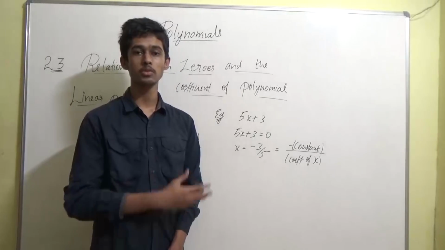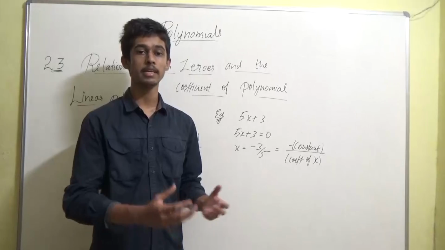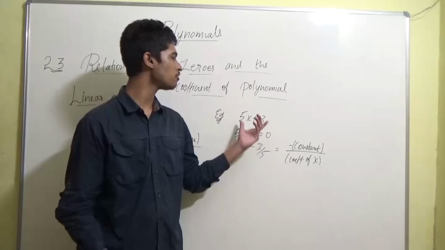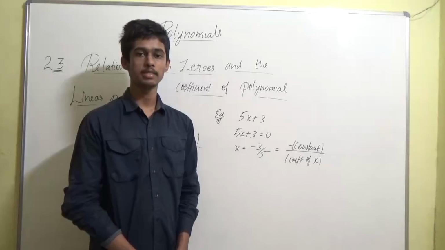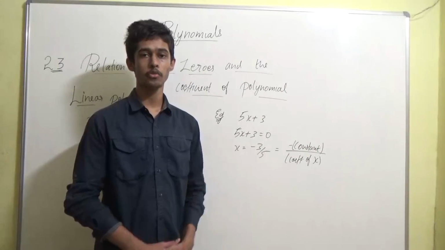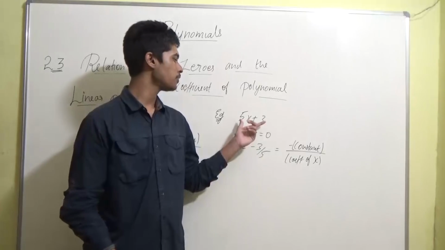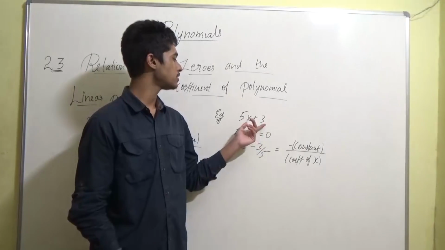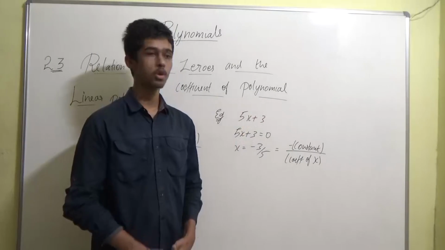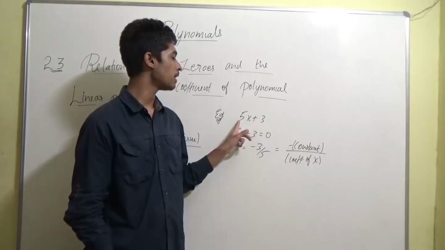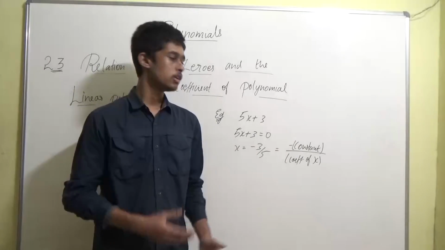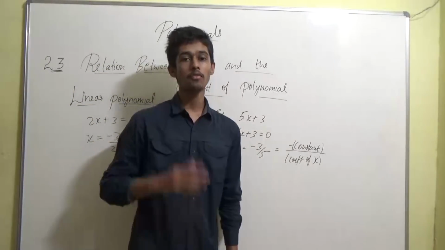Let's try to solve this using the formula itself, the relationship between them. The formula for a linear polynomial is minus the constant term by the coefficient of x. If you just plug in these values in that formula, you will get that the zero, or the alpha, of this polynomial is minus 3 by 5, which you can also prove through the algebraic form.